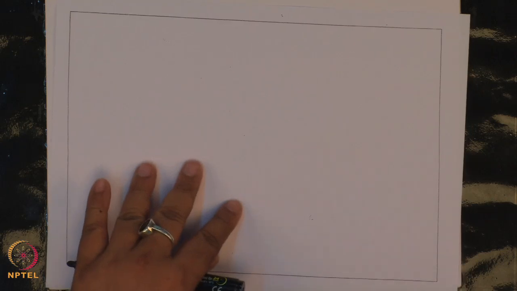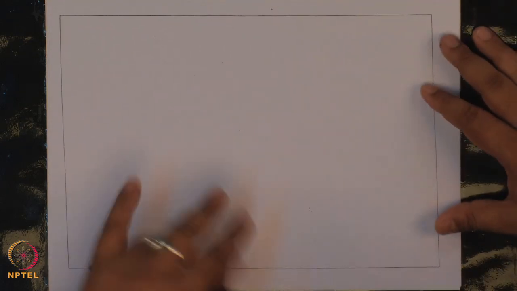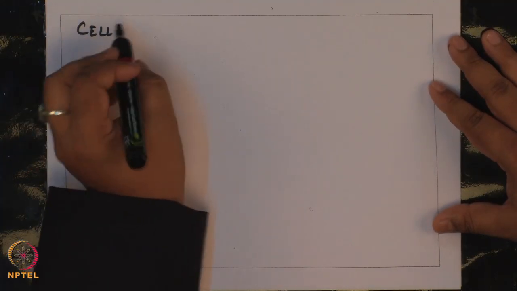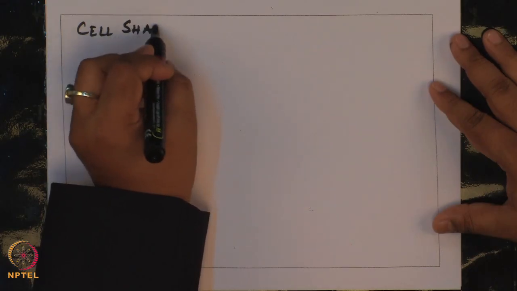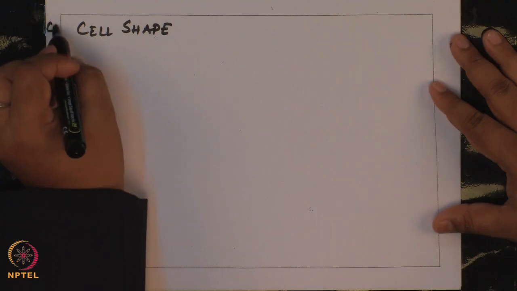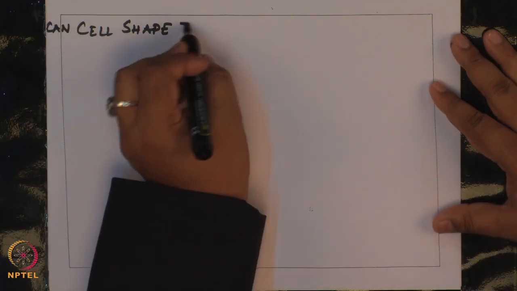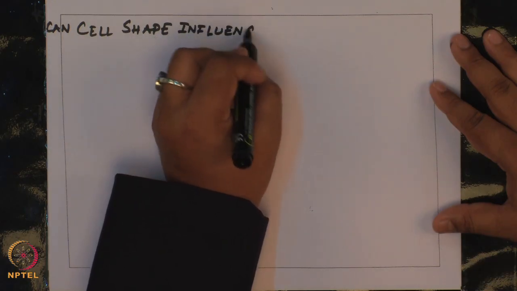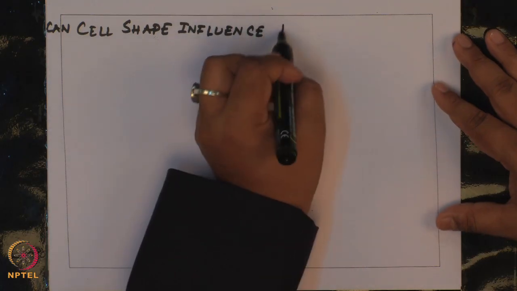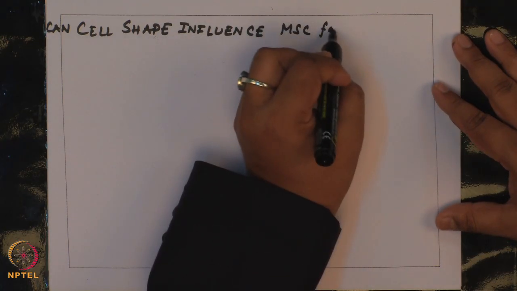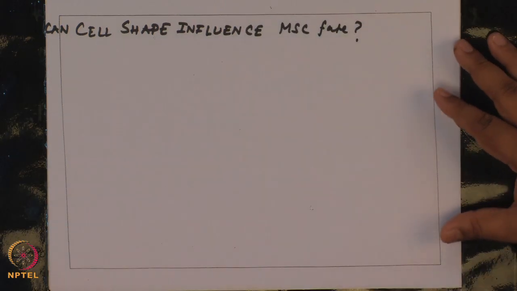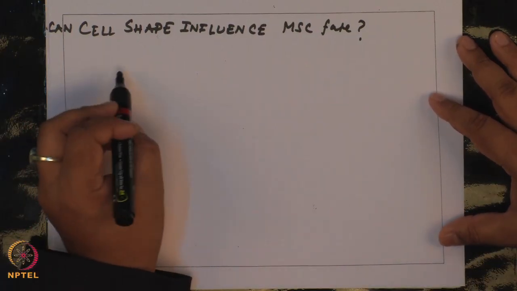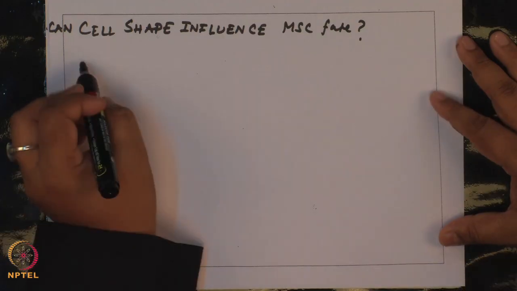So, the question is, can cell shape alone influence MSC fate? To ask that question, the authors again used microfabrication.